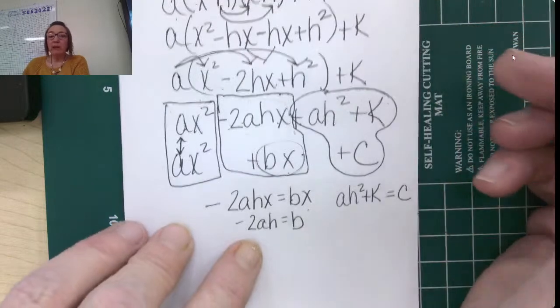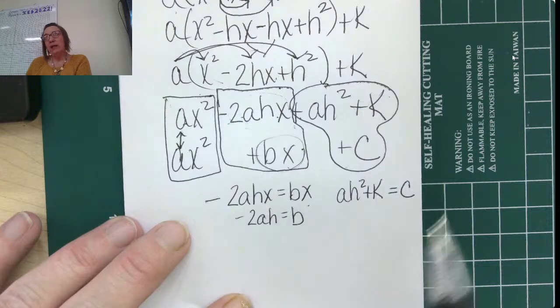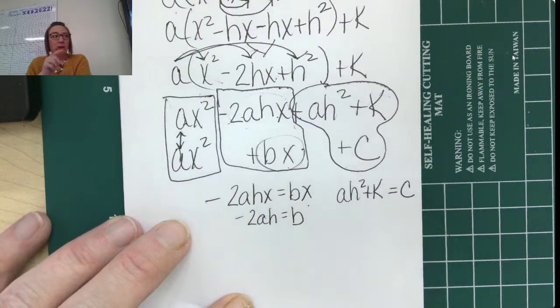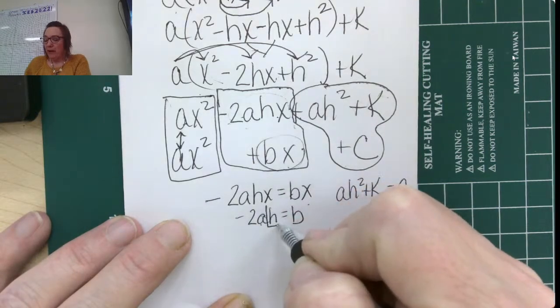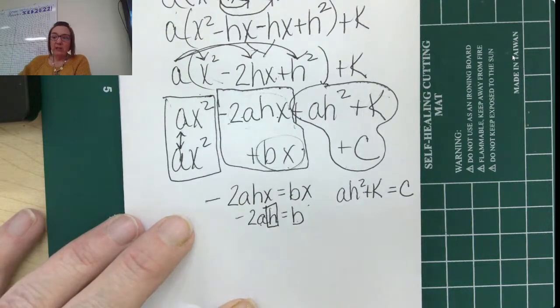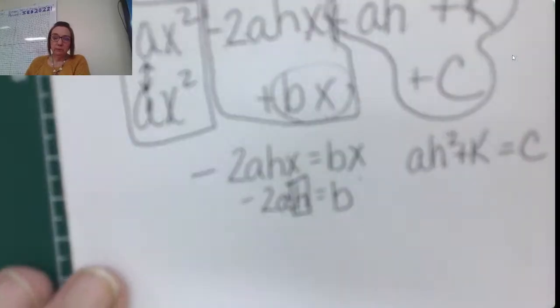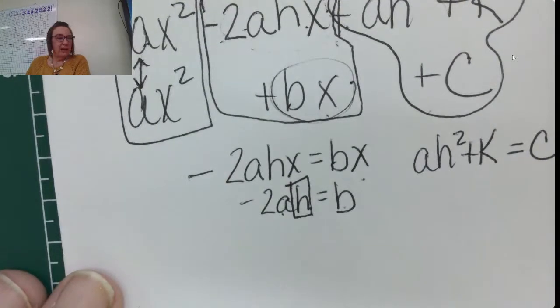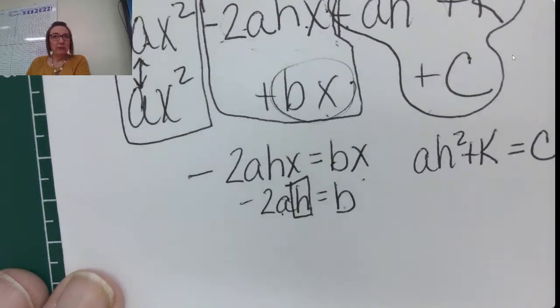Now, the point behind why we're doing this is that if we've got an equation in standard form, where we know A and we know B, could we find H? So if I have this equation right here, can I solve that for H? Can I get that H all by itself?